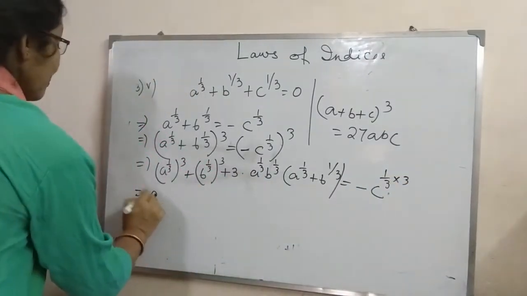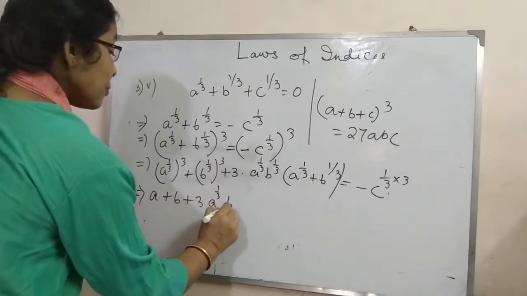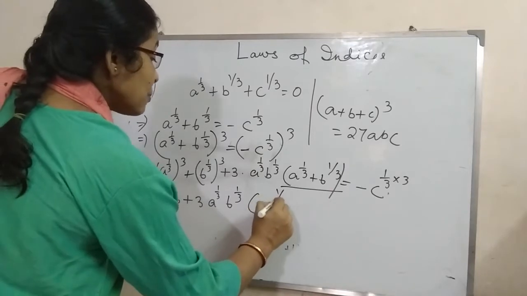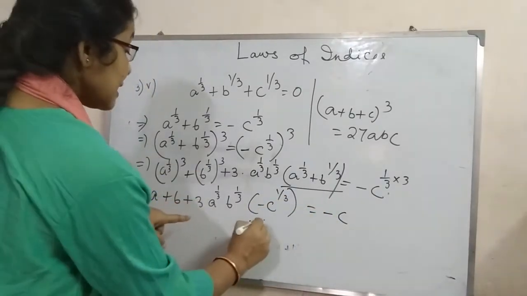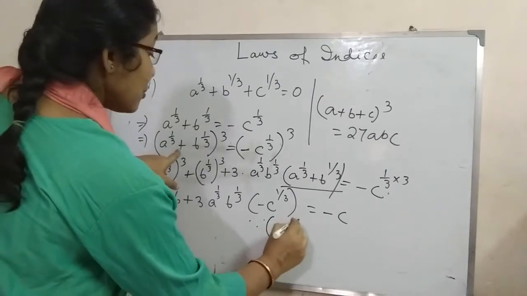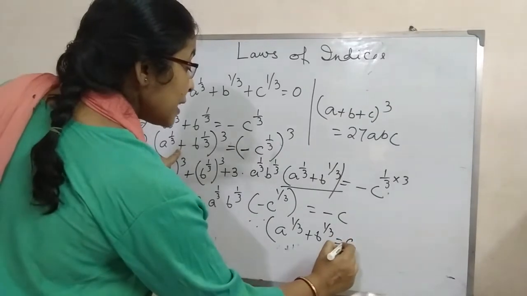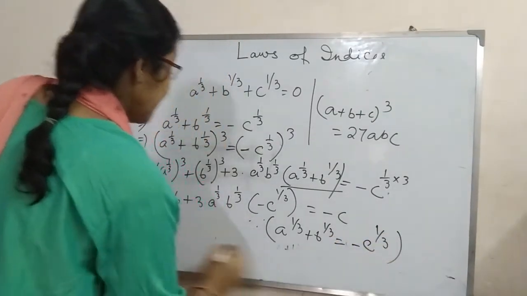That is a plus b plus 3 a to the power 1/3 b to the power 1/3 times (a to the power 1/3 plus b to the power 1/3), and this is equal to minus c, since a to the power 1/3 plus b to the power 1/3 equals minus c to the power 1/3.